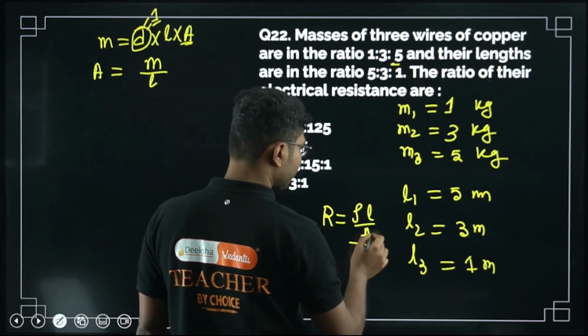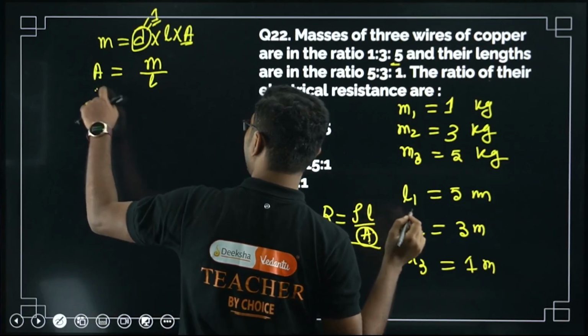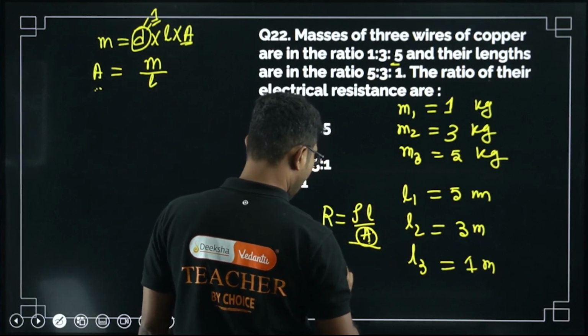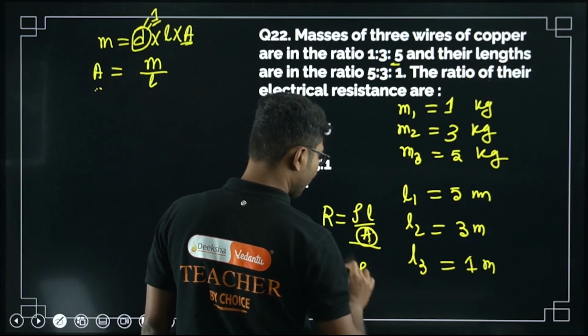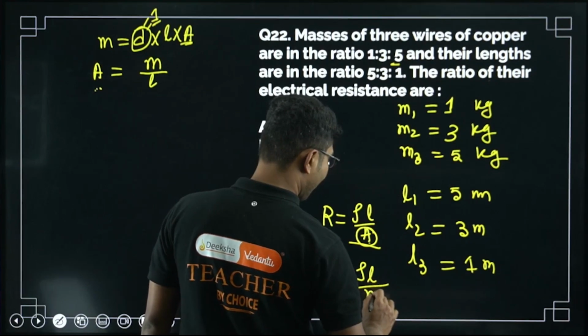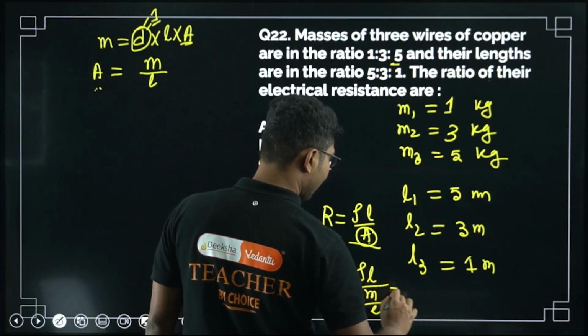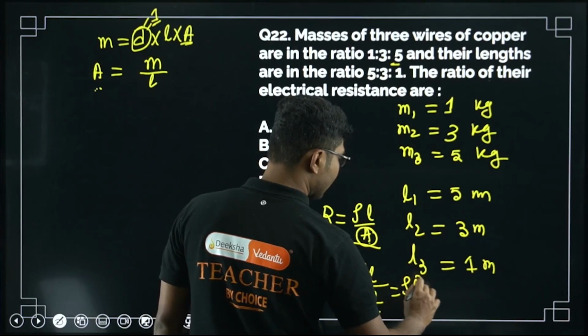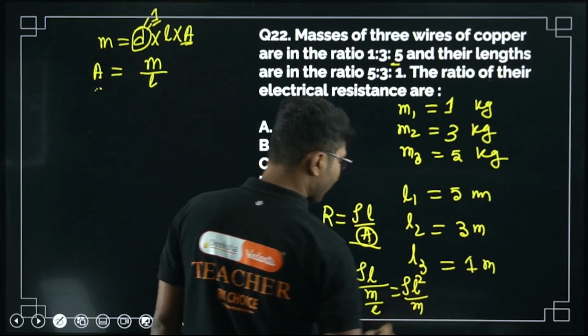Let's put this value in this equation. So R is equal to rho L by M by L, or it will be rho L square by M.